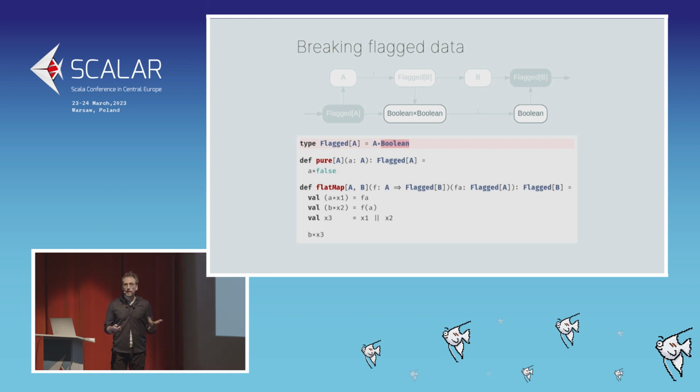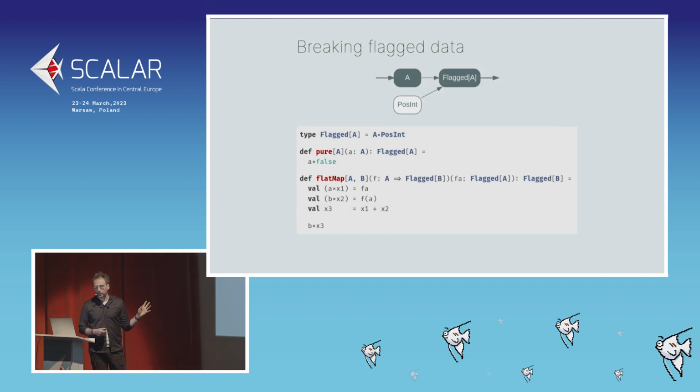We've seen that the weight has a positive int. So if we say that flag is a product of an A and a positive int, then what we can still implement for combine is just addition, right? So that works. But on the other hand, we cannot implement pure because there is no value to stick there instead of false. We'd like to put 0, but we can't because 0 is not a valid positive int.